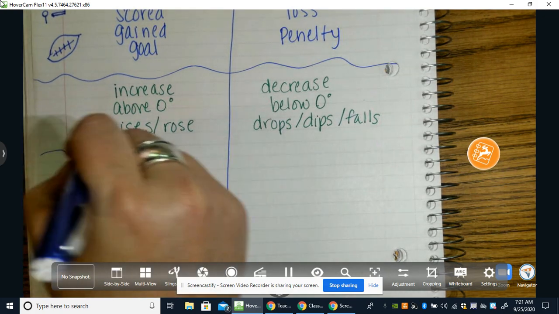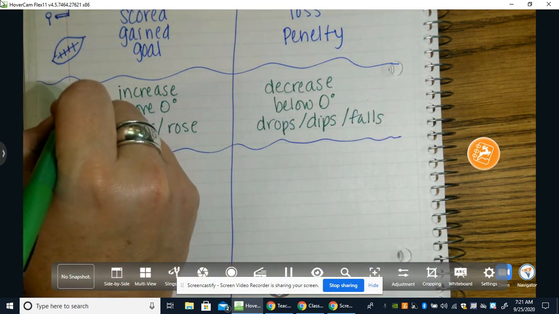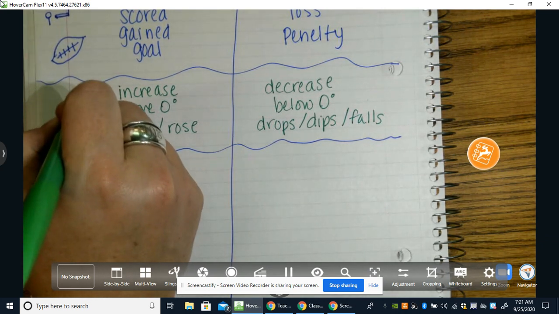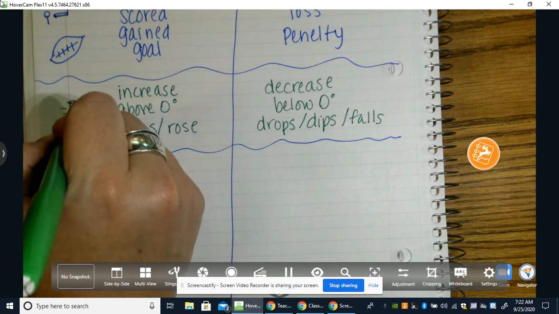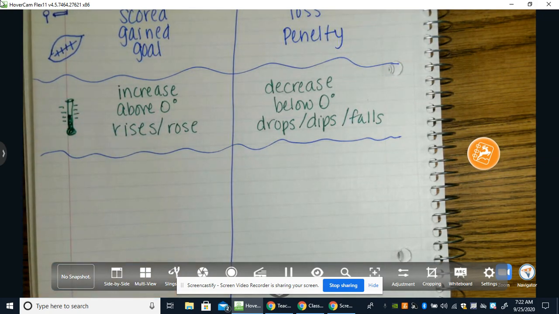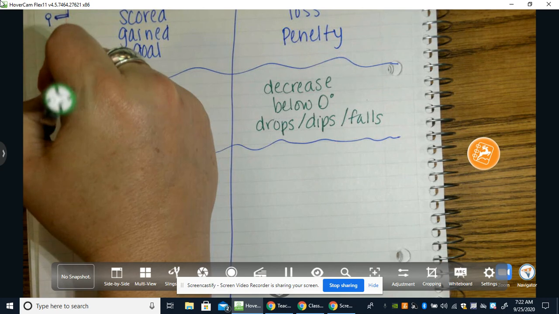So here are words that deal with temperature. So I'm going to draw a little thermometer over here. And my thermometer has little lines. And the little red mercury. No, they don't actually put mercury in thermometers anymore. And this is temperature.